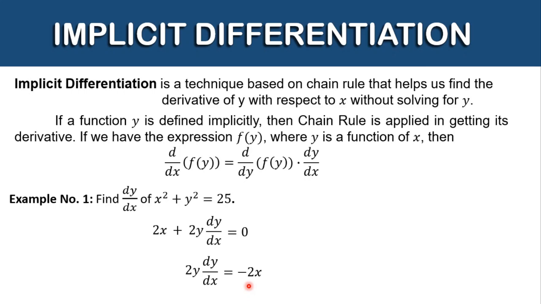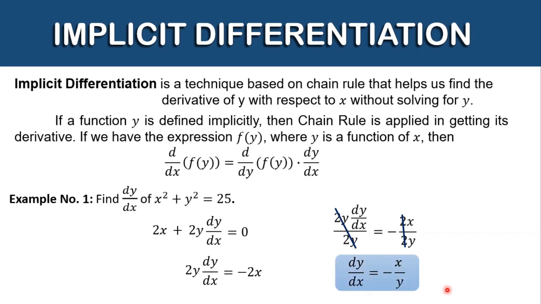Then we isolate dy over dx by dividing both sides by 2y. On the left side, we can cancel the 2y on top and 2y on the bottom. On the right side, we can cancel the 2. So dy over dx is equivalent to negative x over y. And this is our answer.